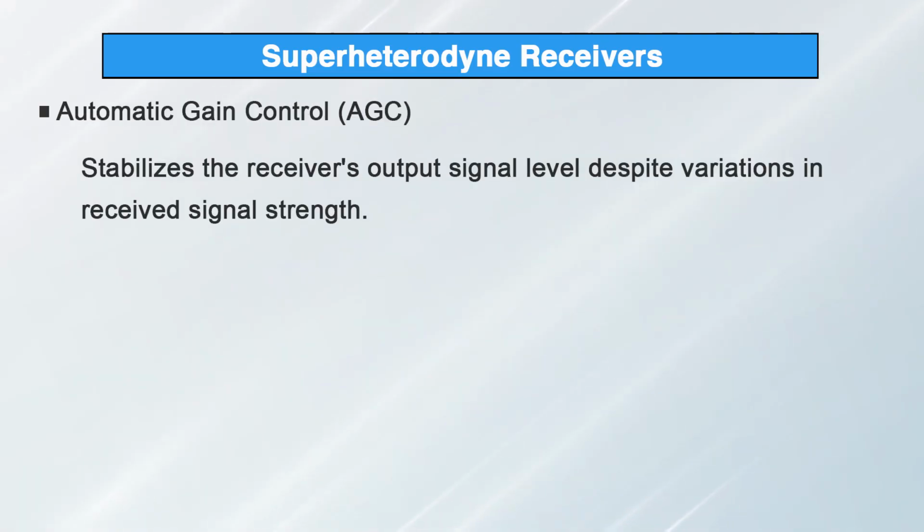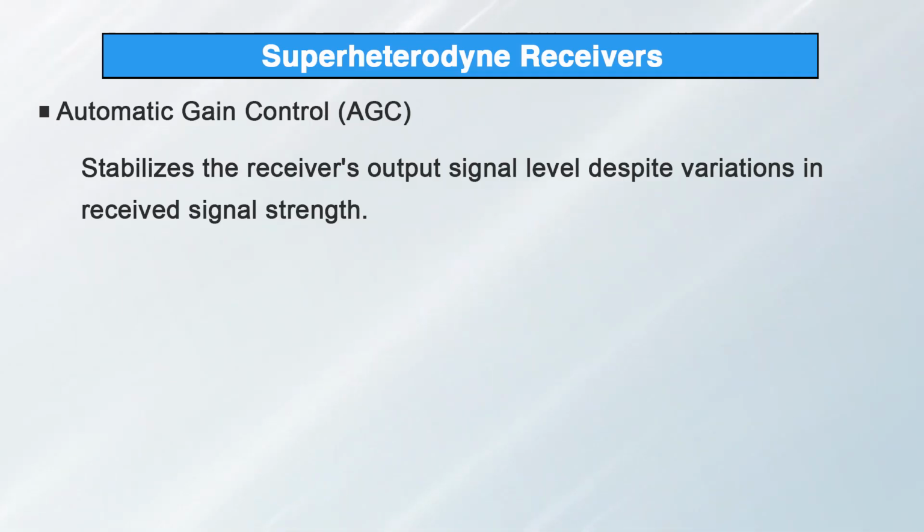Now, let us discuss an important component, that is automatic gain control, abbreviated as AGC. In a superheterodyne receiver, it is a crucial mechanism designed to stabilize the receiver's output signal level despite variations in the received signal strength. Here is a brief explanation of it. Mainly, the purpose of AGC is to maintain a relatively constant output level from the received audio or IF stage, regardless of the change in the strength of the incoming RF signal.